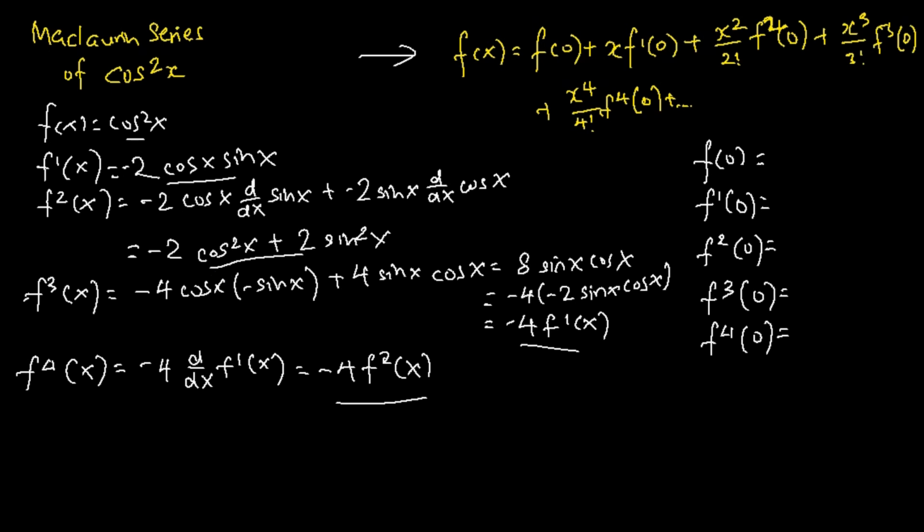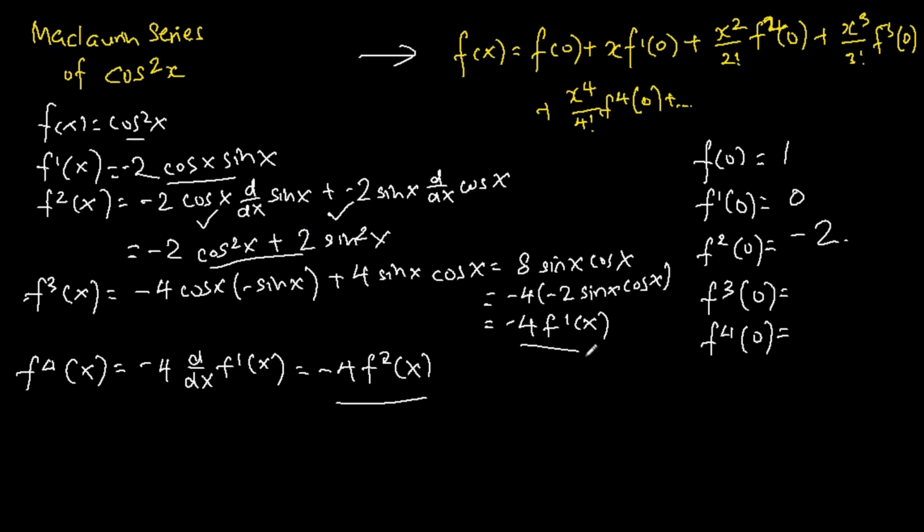For the first one, f of 0 is actually equal to 1, because cosine x basically equals 1 when you substitute x equals 0, while f1 evaluated at x equals 0, we will get basically 0 because sine x is 0, so anything times 0 is 0. f2 of 0 is basically just negative 2, because my first term is negative 2, my second term is 0 because sine 0 is 0. f3 of 0 is equal to negative 4 f1 of 0.